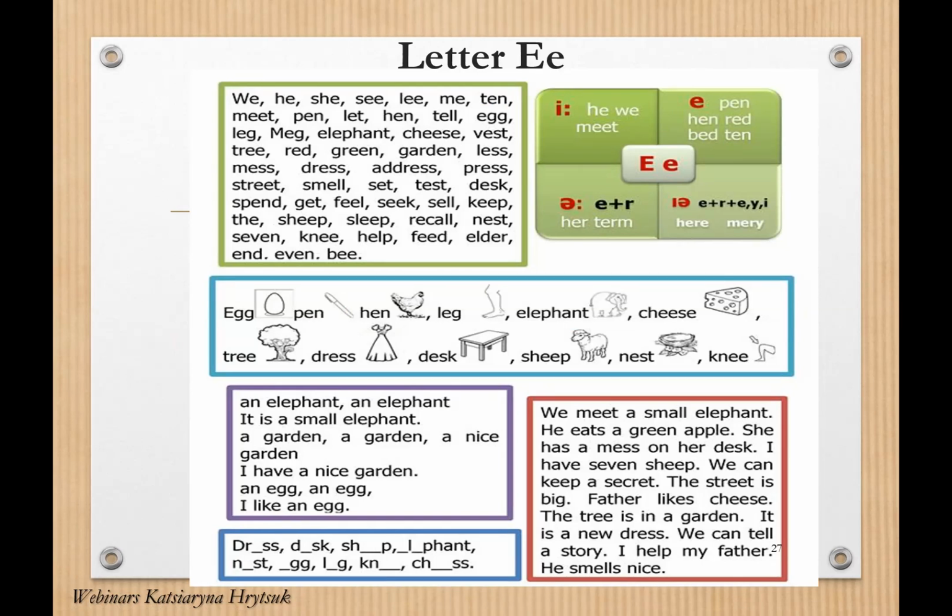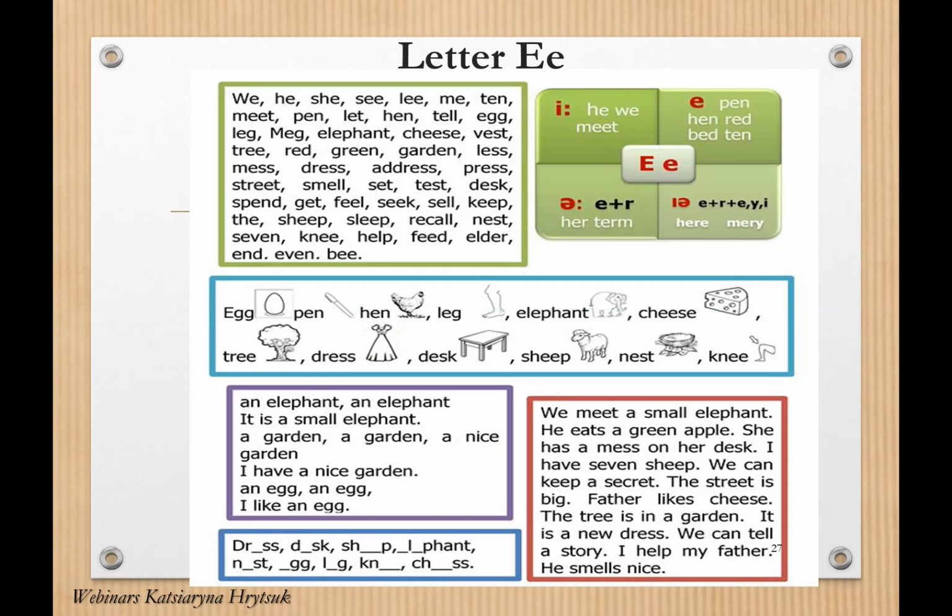Zhenya, can you help me please to read these red square examples? We meet a small elephant. Meet a small elephant. He eats a green apple. She has a mess on her desk.